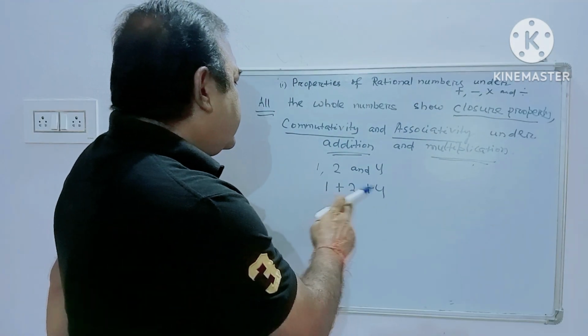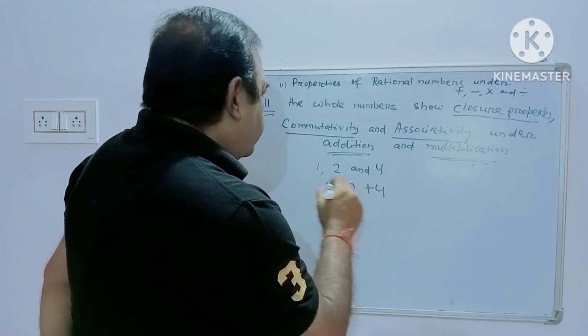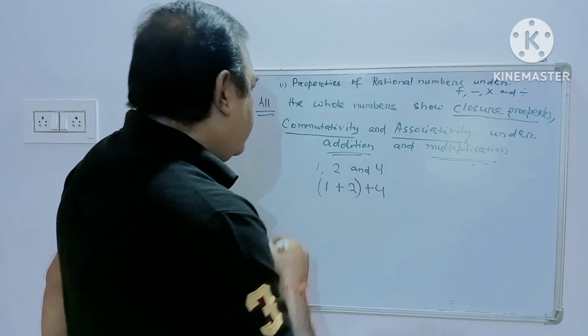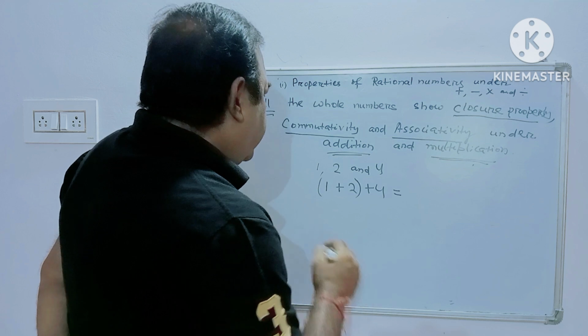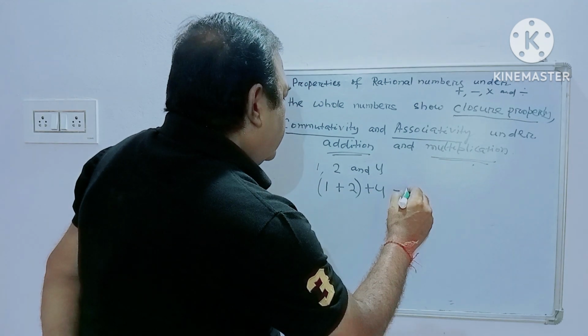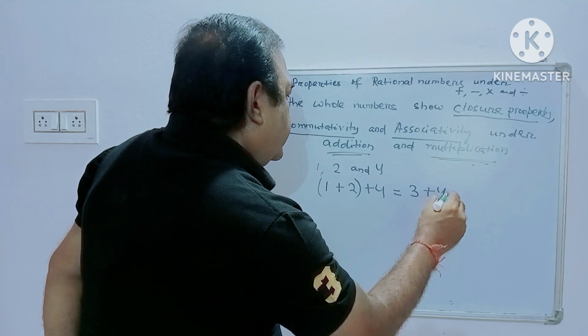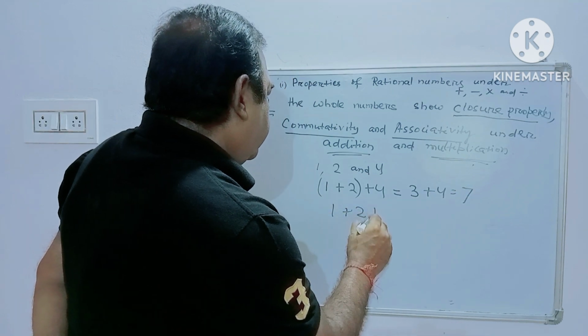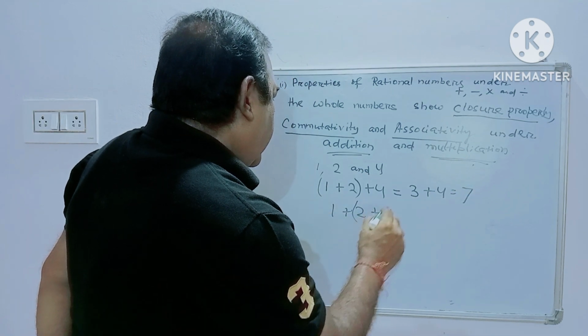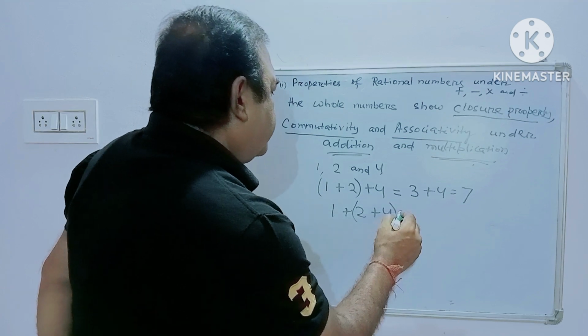First create one group: 1 plus 2 plus 4, where 3 plus 4 is equal to 7. So I change the grouping of numbers.